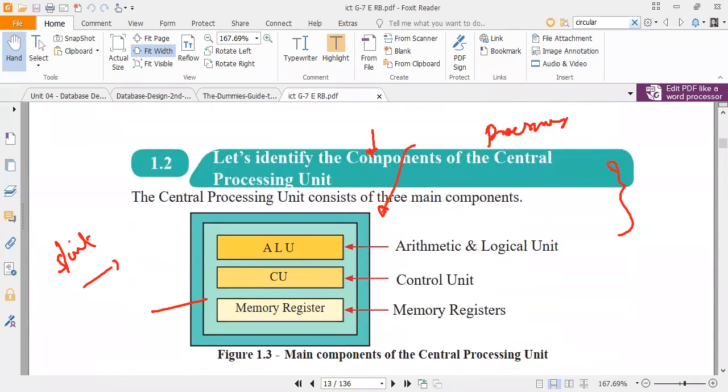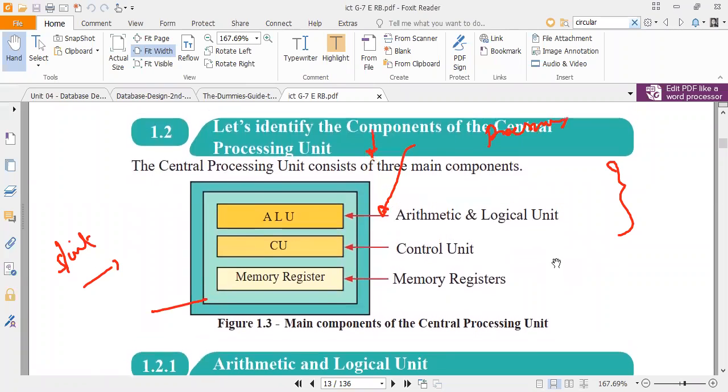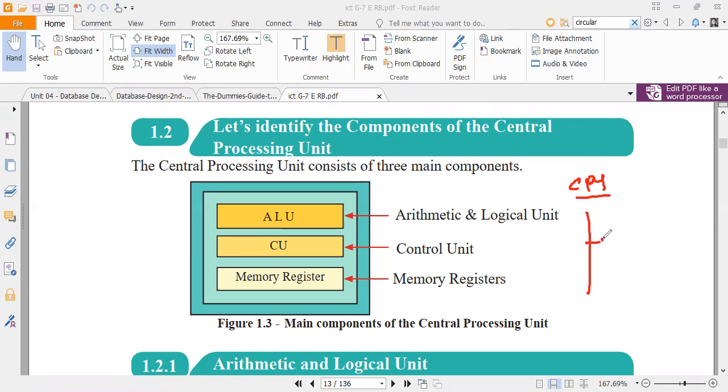Okay, so now the next important place we need to focus on is the components of the central processing unit. Simply, you can say CPU, but itself it has some important components, right? The first one is the ALU, arithmetic logic unit. Second, the CU, control unit.